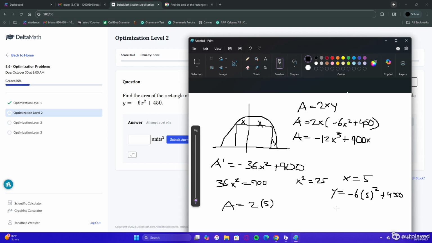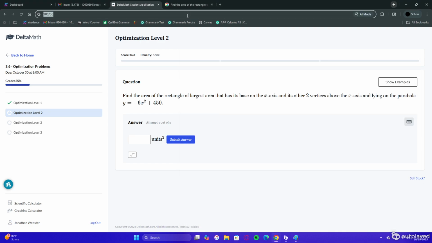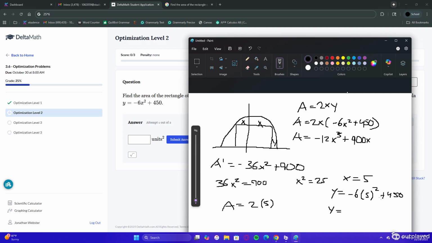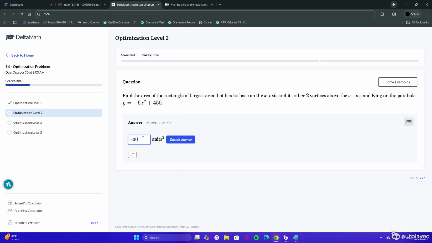And that is y equals negative 150 plus 450, so our y equals 300. And A equals 2 times x, which is 5, times y, which is 300, and that gives us an area of 3000 squared.